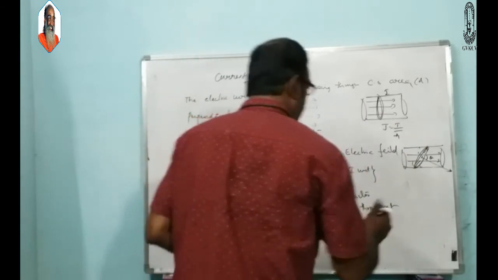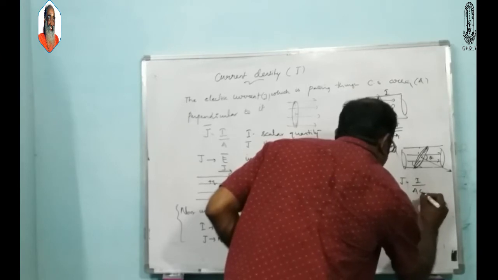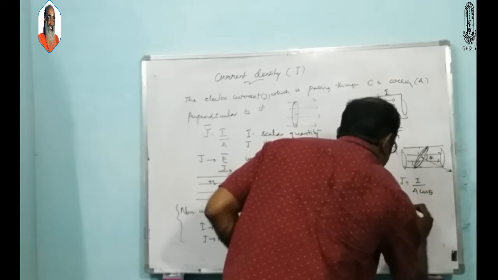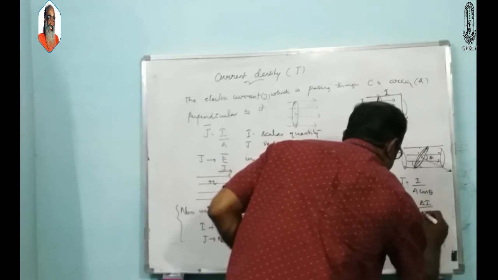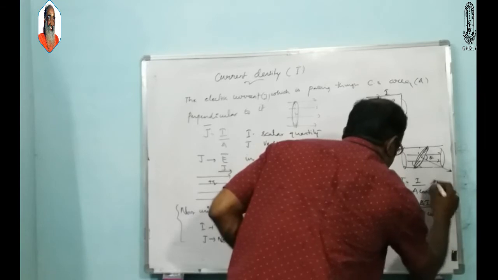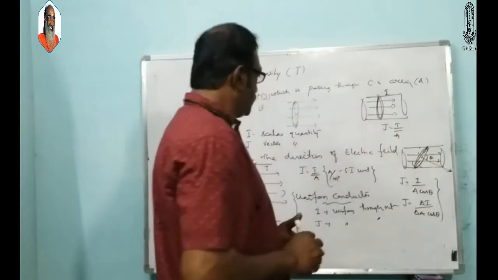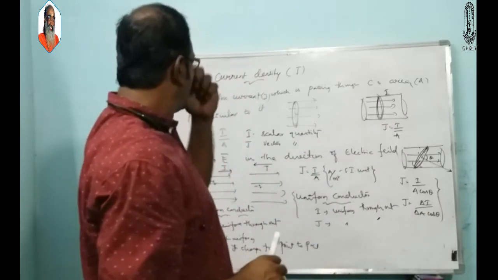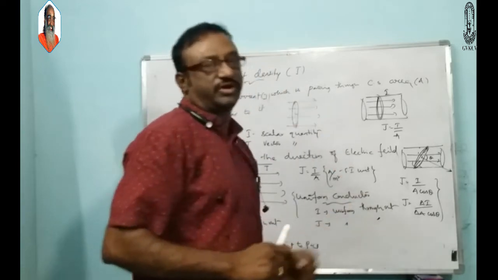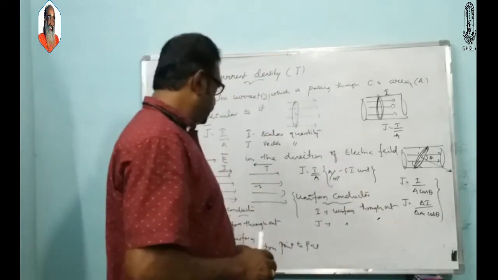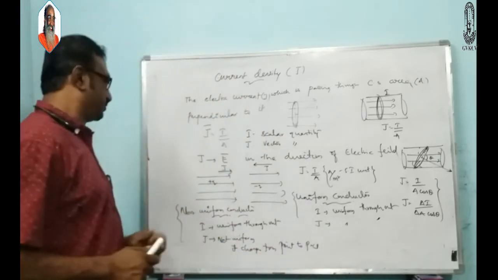If it is not perpendicular, then J is equal to I by A cos theta. For small current and small area, it is delta I by delta A cos theta. So if it is inclined, we have to use this formula. This is useful information regarding current density. Just pause the video and take a screenshot of this.